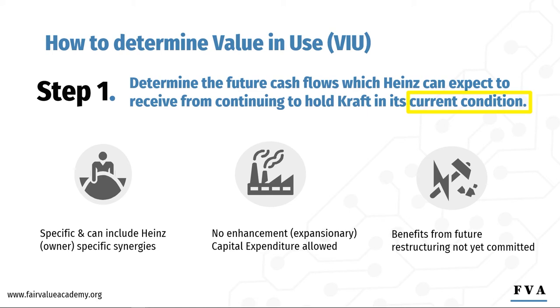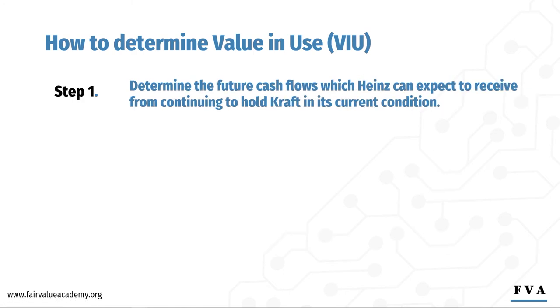Only benefits from planned and committed restructurings will be allowed under VIU basis. So, step 1. Determine the future cash flows. We've already discussed the nuances which apply when determining future cash flows under the VIU basis.